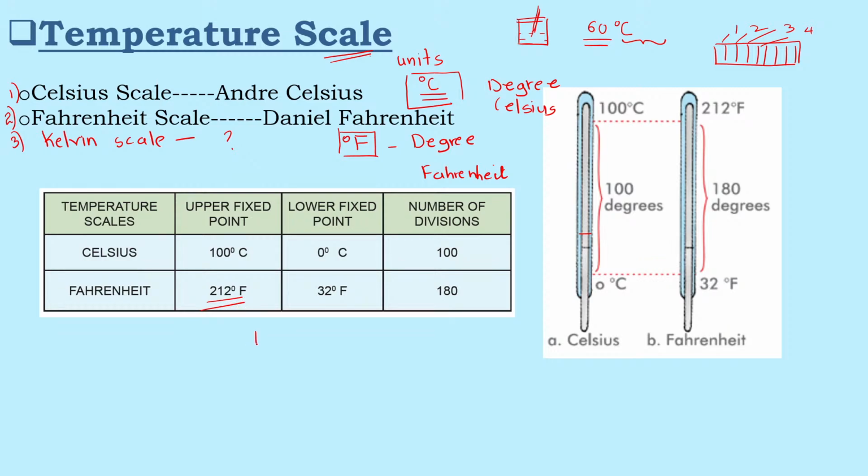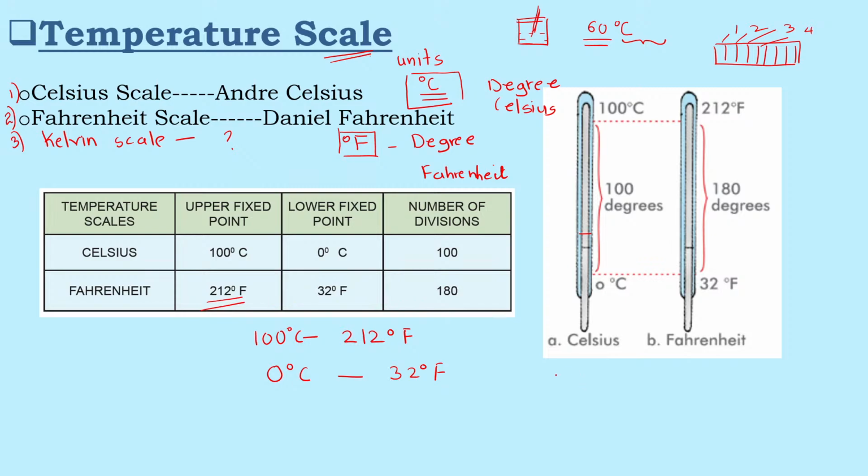Suppose the temperature on the Celsius scale is 100; on the Fahrenheit scale it will be 212 degree Fahrenheit. And when the temperature is 0 degree Celsius, on the Fahrenheit scale it will be 32 degree Fahrenheit. The total number of divisions is 180.